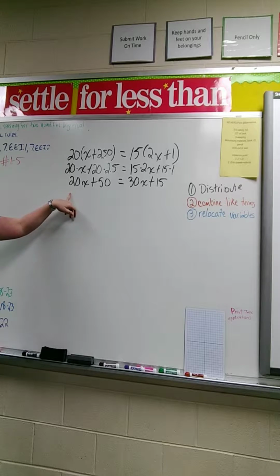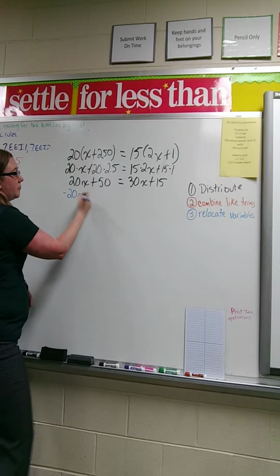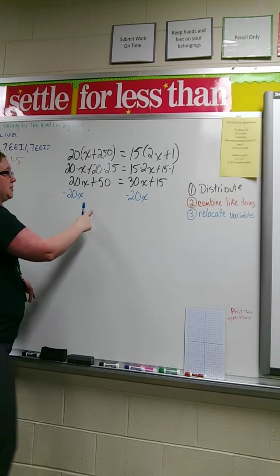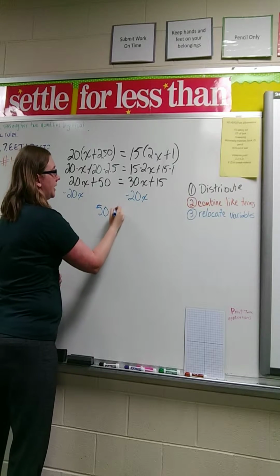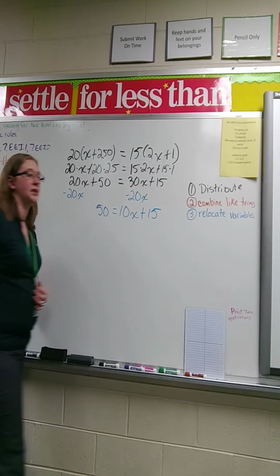So I'm going to subtract 20x from both sides. That leaves me with 50 equaling 10x plus 15.